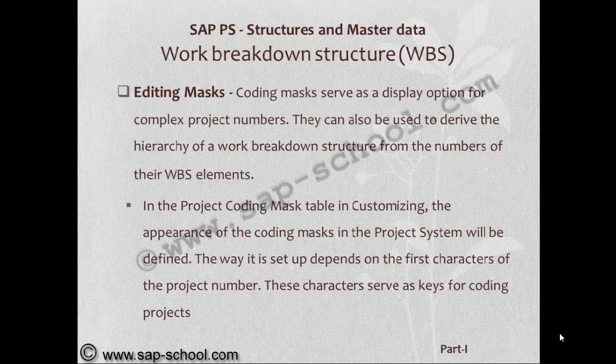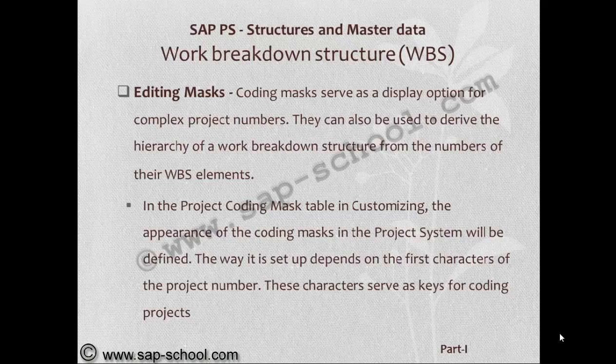This coding mask serves as a display option for complex project numbers. They can also be used to derive the hierarchy of a work breakdown structure from the numbers of their WBS elements. In the project coding mask table, in customizing, the appearance of the coding mask in the project system will be defined.